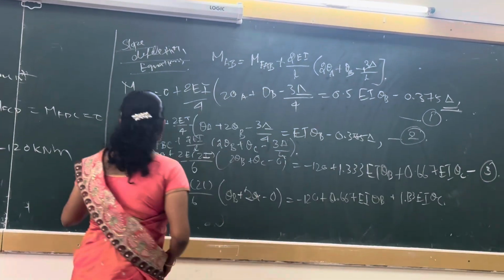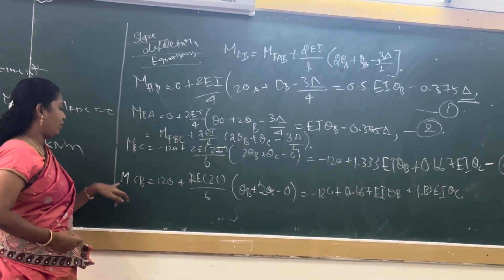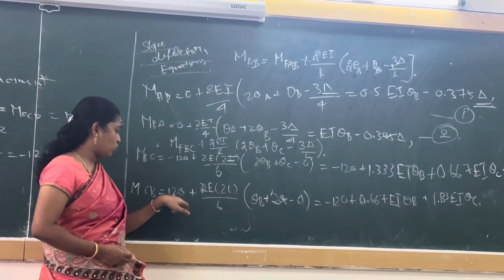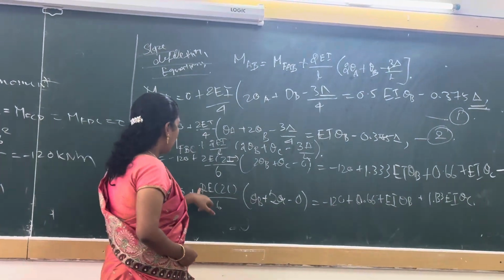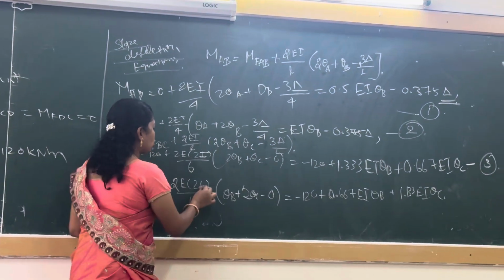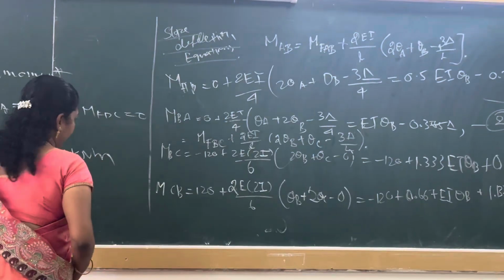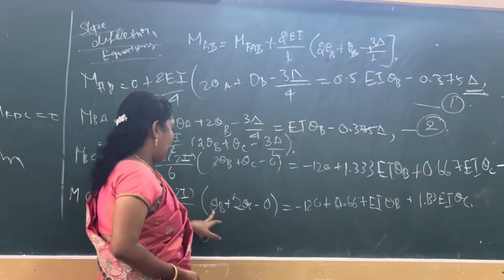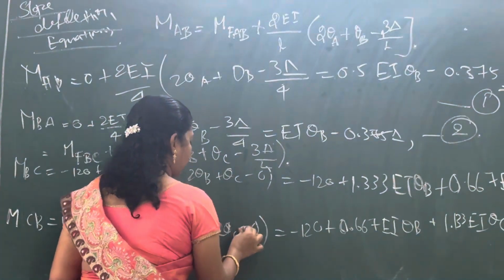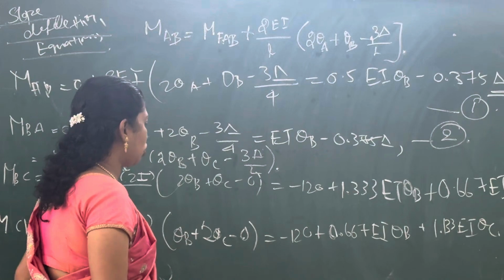Next we are going to write the slope deflection equation for MCB. The fixed end moment value is 120 plus 2EI, where I value is 2 into I, divided by L. L is the span, that is 6, into theta B plus 2 theta C minus 3 del by L. Here the del value is 0.